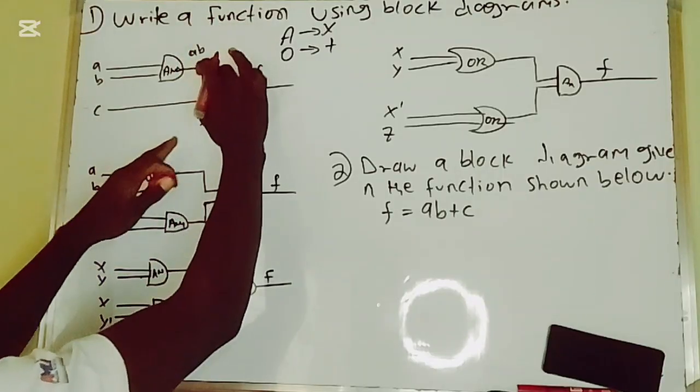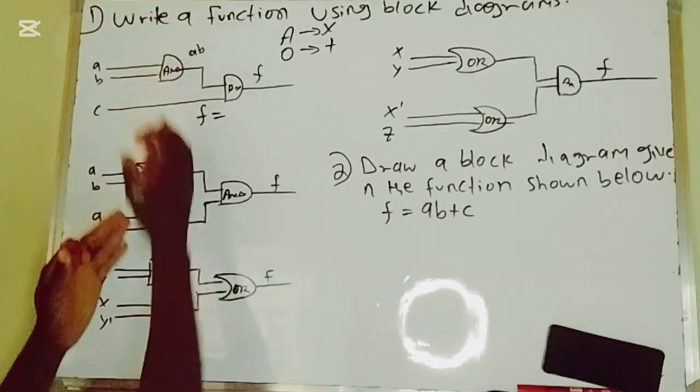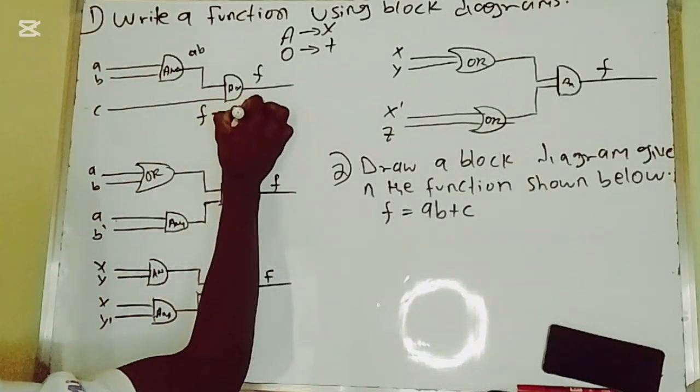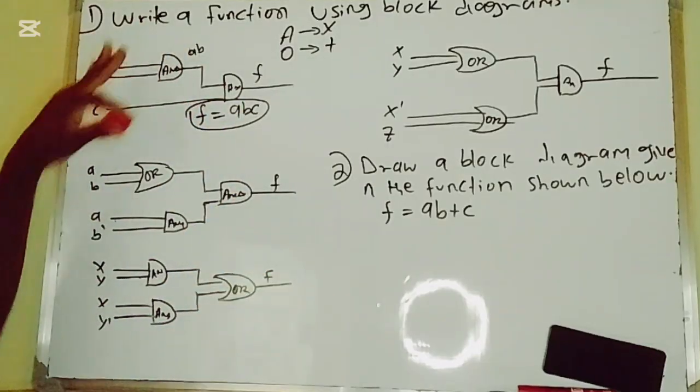This is my new input in this AND, so I will multiply A, B, and C, and then I will get ABC. So this is the function of this diagram.